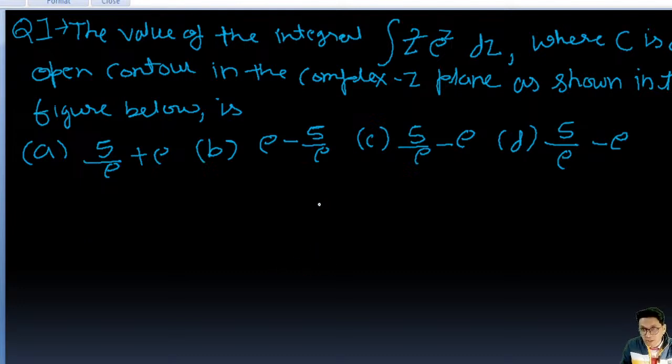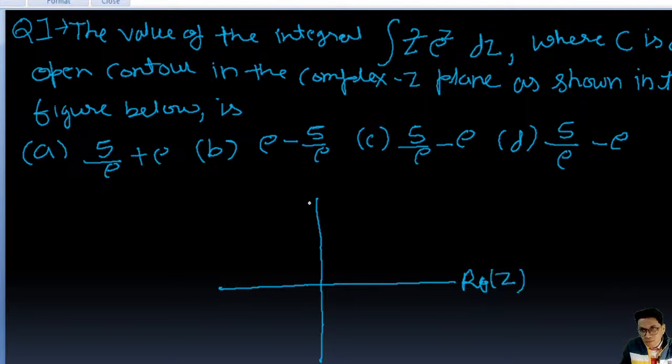First time writing on pentab, so it's a little bit tough, but by the time I'll be habitual. So I'm going to make a figure. This is the real axis, this is the imaginary axis.